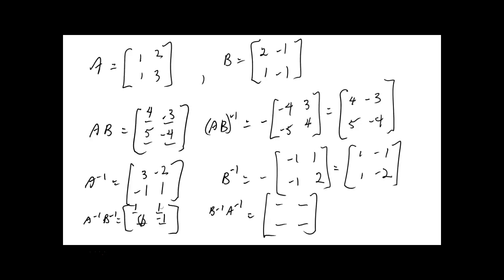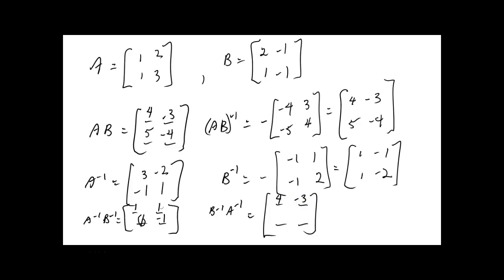So 3 plus 1 is 4, okay? The 1,2 entry would be row 1 of B inverse, column 2 of A inverse. And that would be -2 minus 1 is -3. Is that what you said? Mm-hmm. Okay, -3.